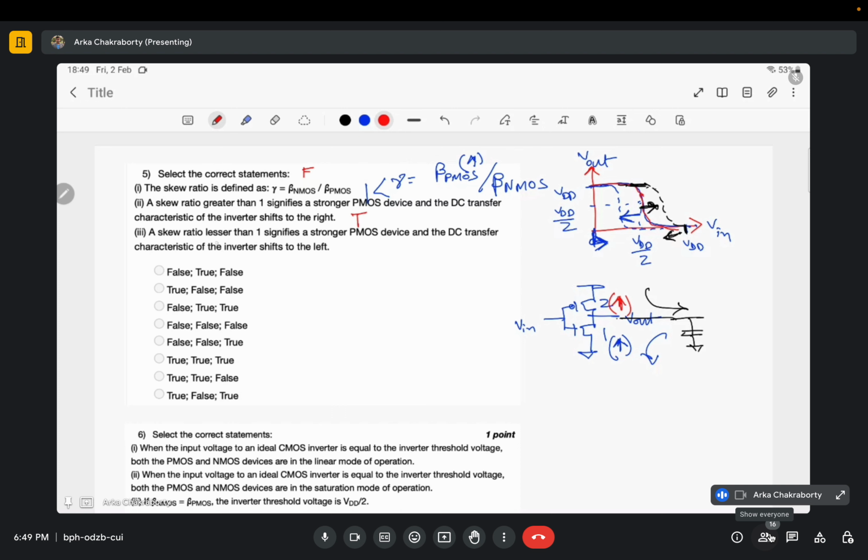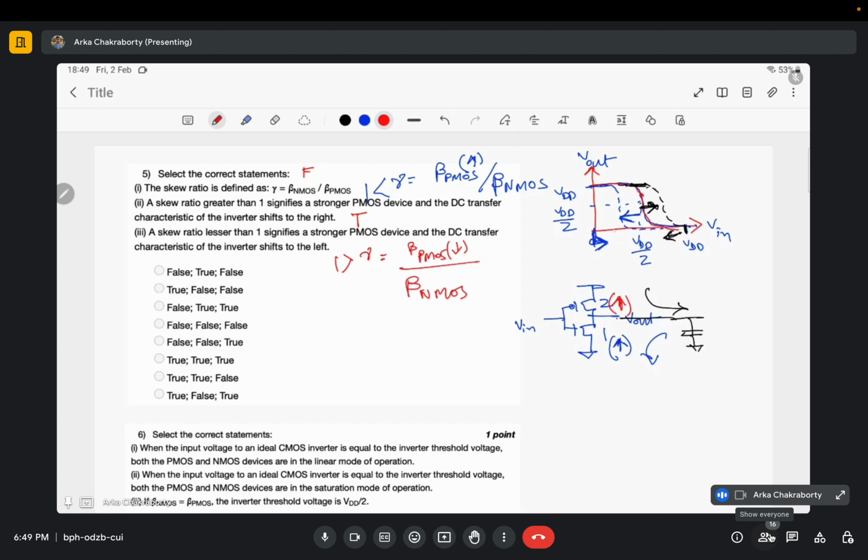A skew ratio less than 1 signifies a stronger PMOS device, and the DC transfer characteristic of the inverter shifts to left. So it is saying gamma is less than 1. Therefore my beta PMOS is less compared to beta NMOS.